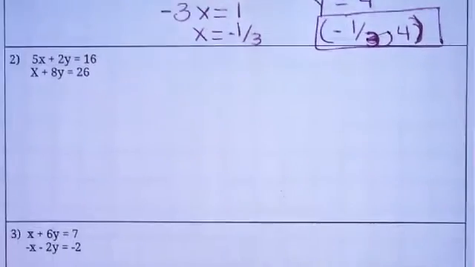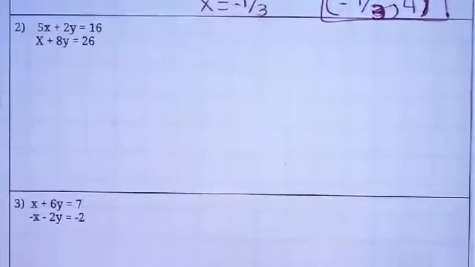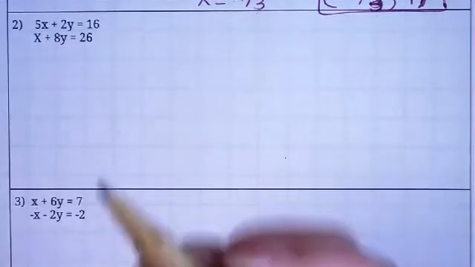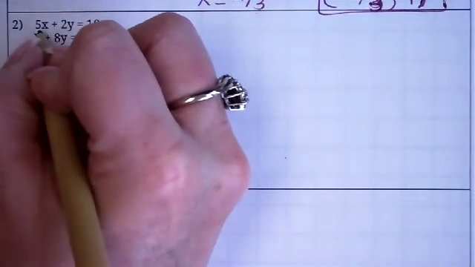Okay. Now, example 2 is going to add just a little bit more difficulty to it because none of them is in slope-intercept form. Okay. What I do notice right here, and I even kind of capitalized it for you.